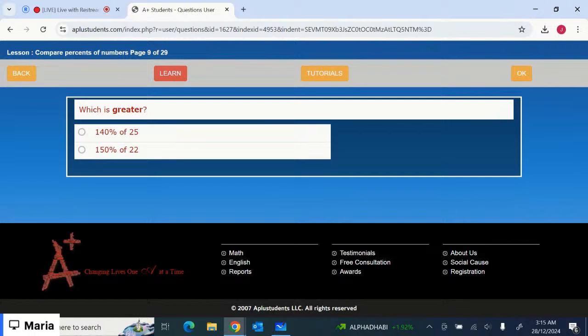Which is greater, 140% of 25 or 150% of 22? Which is the correct option?